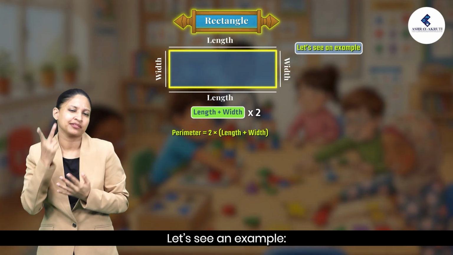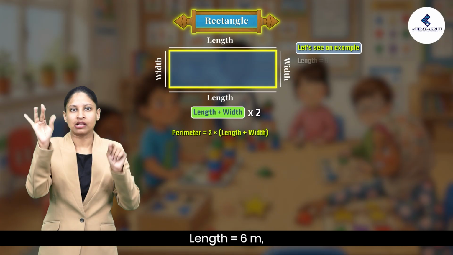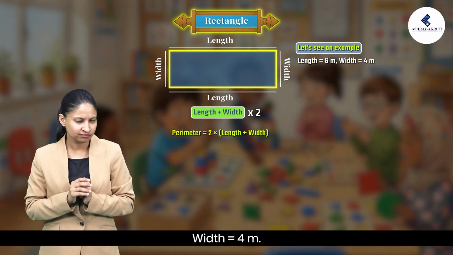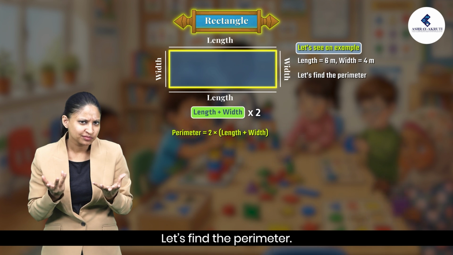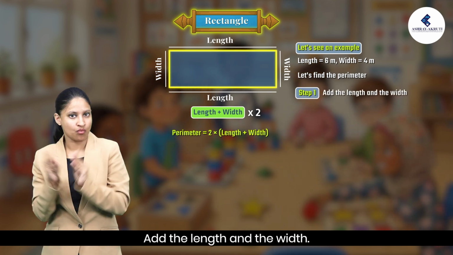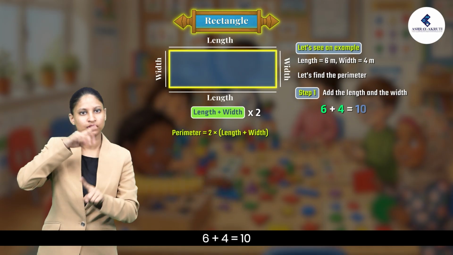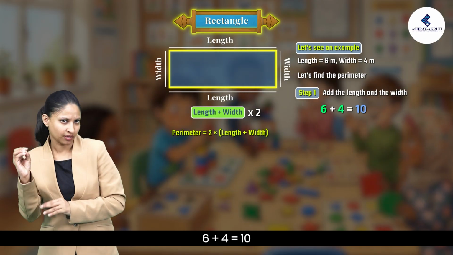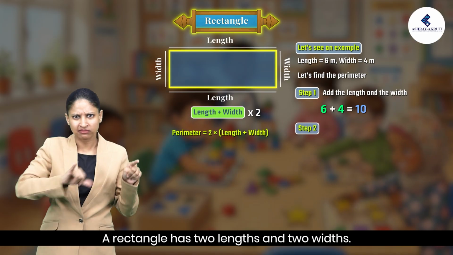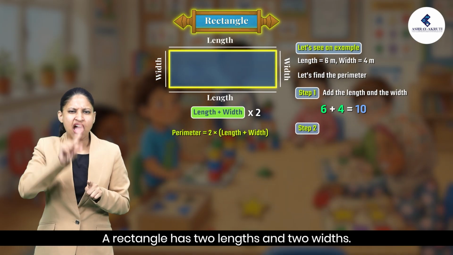Let's see an example. Length is equal to 6 meters, width is equal to 4 meters. Let's find the perimeter. Step 1. Add the length and the width. 6 plus 4 is equal to 10. Step 2. A rectangle has 2 lengths and 2 widths.